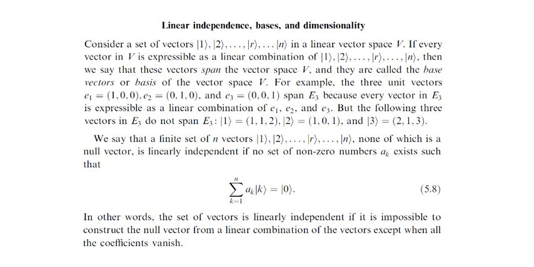Now, if you consider a finite set of vectors, say 1, 2, 3, etc., up to n, and you are writing a linear combination of these vectors with coefficients ak for corresponding vectors k, where k goes from 1 to n.